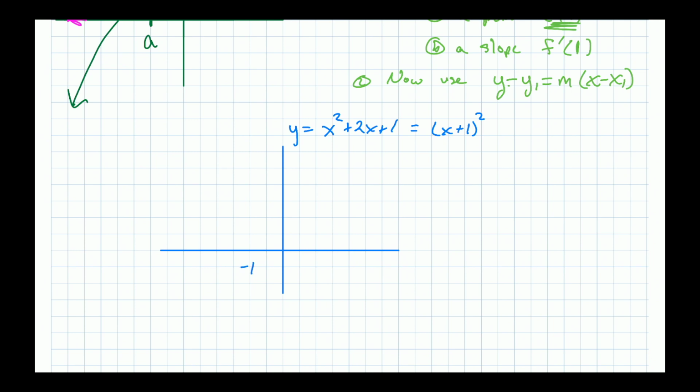So if this is minus 1, go through there. If I plug in a 0, I get 1. So it goes through there, goes through there. All right, if I plug in a 1, what am I going to get? 4? We already said 4. I'm going to redraw that. Sorry. I want to draw it because I want it to fit. So I'm making it shorter here. All right.